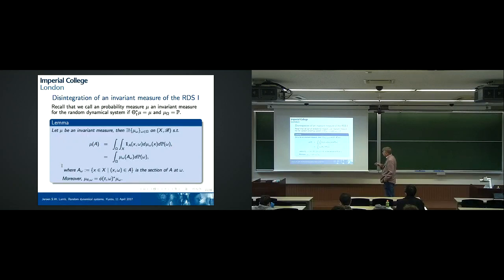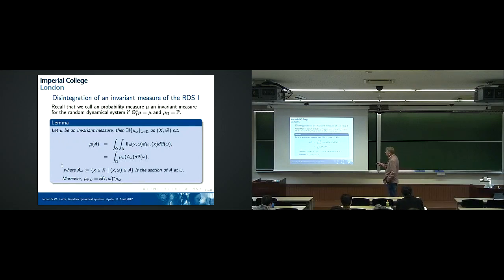And if I write it, then this will be precisely this mu omega, defined in this way by acting on the set A omega, where A omega is precisely the part of A that is the slice, the section of A at omega. So if A is a big set, I have my omega space at the bottom, I pick the omega and just look up, and I cut through A. And of course, this A sits down in space X, in the phase space.